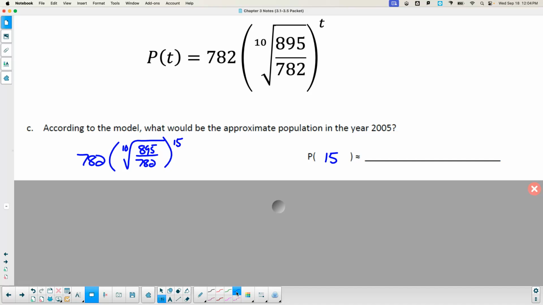When I plug this in on mine, I get 957.4832306.